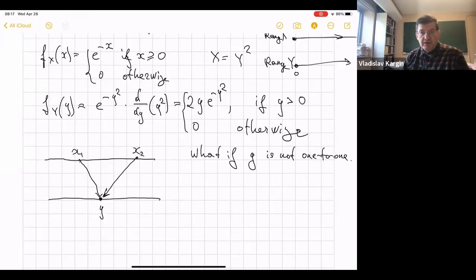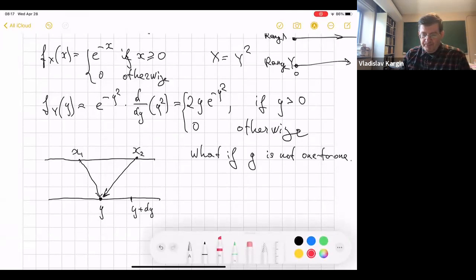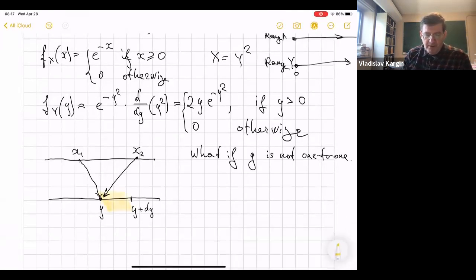Repeating the intuition which we had before, you're looking at the interval from y to y plus dy, and you want to figure out the probability that the random variable y lands in this interval. So you have this interval here, and you're interested in this interval.